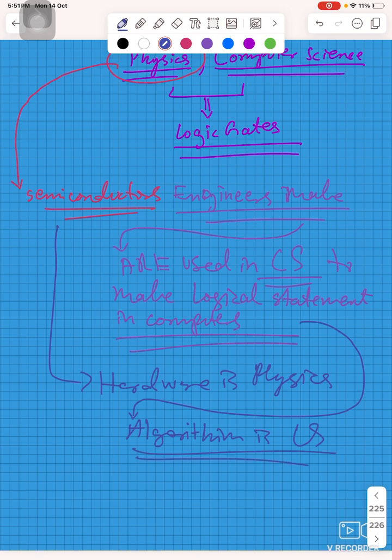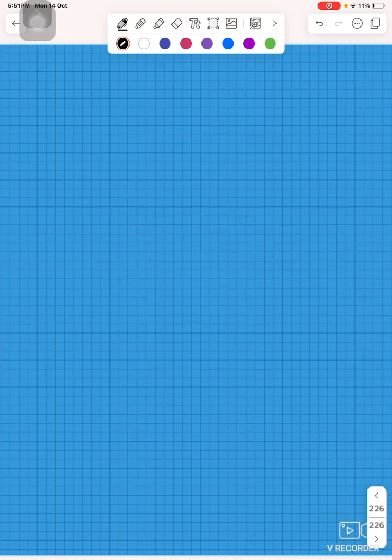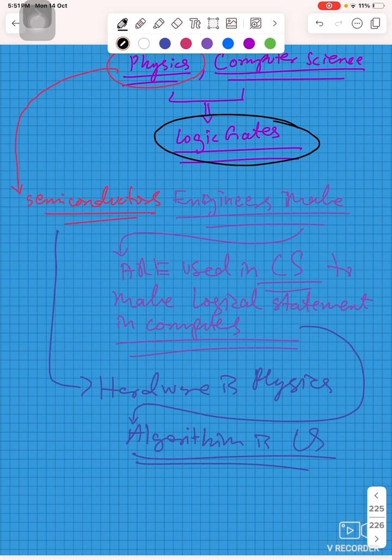My main focus is to talk about what the logic gates actually do. Then I will combine this with quantum mechanics or quantum computing.